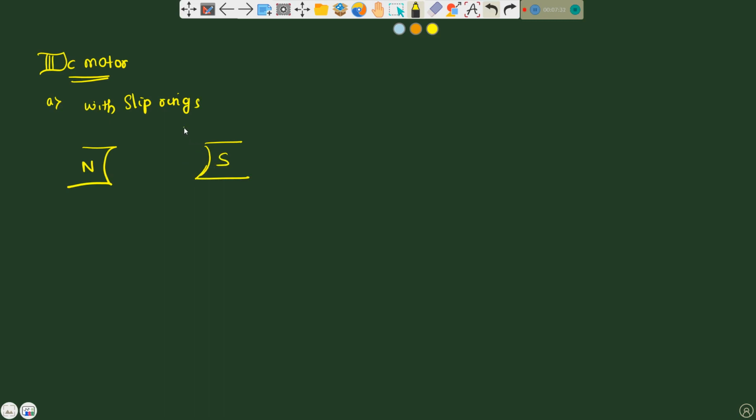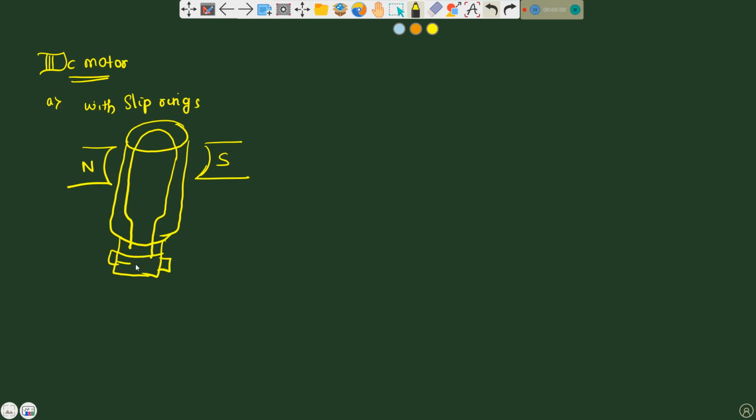Then we have an armature and armature conductors. Understood? This is how you need to draw. This is the commutator, right? This is connected here and this is connected here. This is brush B1 and this is brush B2. So the circuit is connected like this.